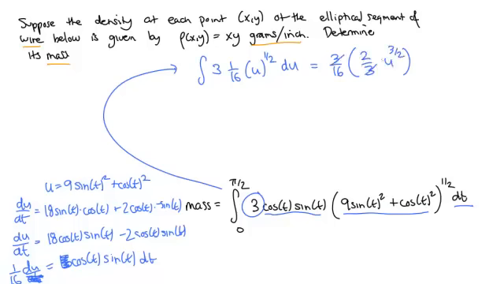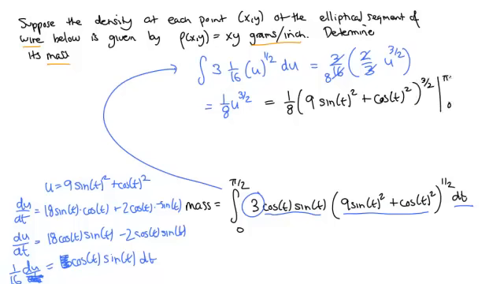So the 3's cancel, 2 goes into 16 8 times, and that will get us 1/8 times u to the 3/2 power, or 1/8 times the expression 9 sine of t squared plus cosine of t squared to the 3/2 power, evaluated from 0 to pi over 2.